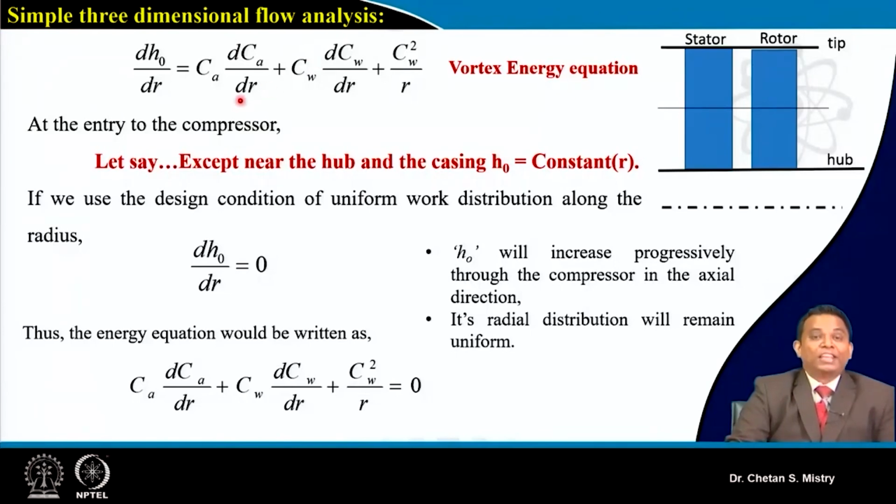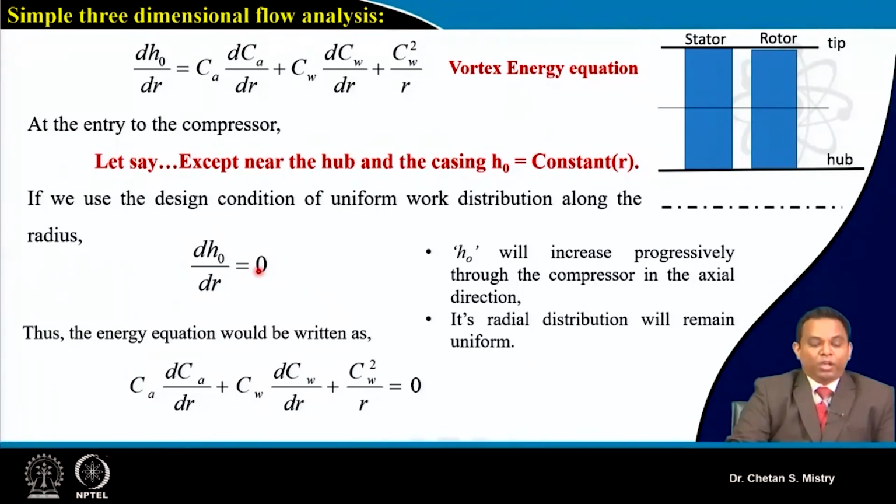Now at the entry of my compressor, if we are considering near the hub and near the casing, along that radius let's assume the total enthalpy to be constant. In the case of uniform work distribution, you can straightaway write dH0 by dr equal to 0.